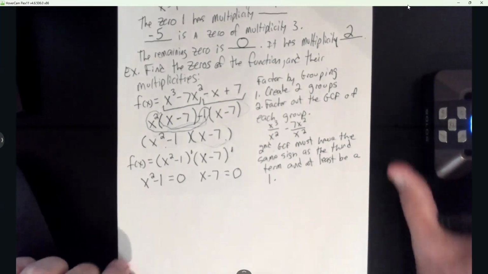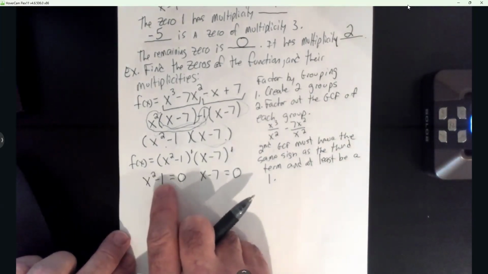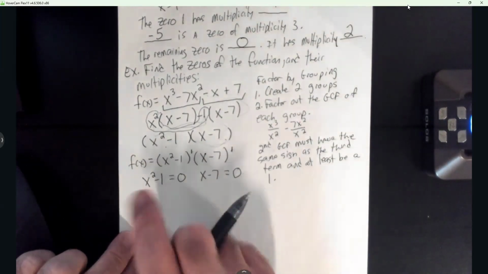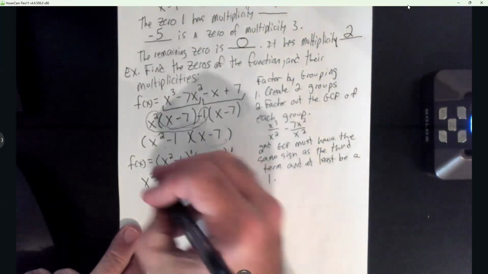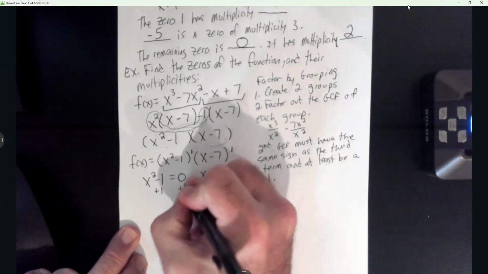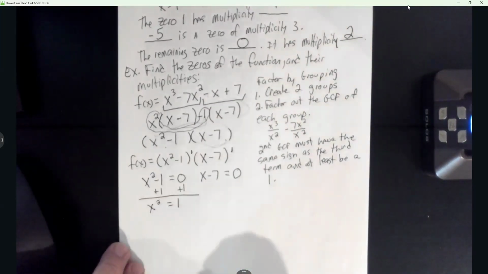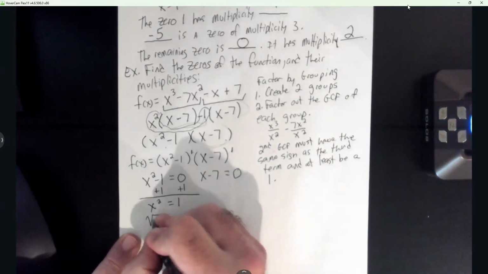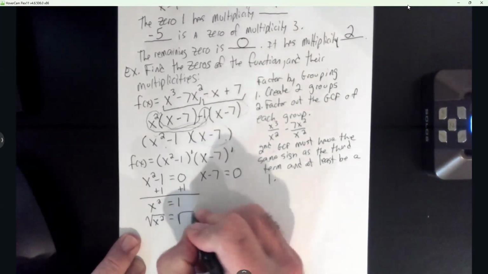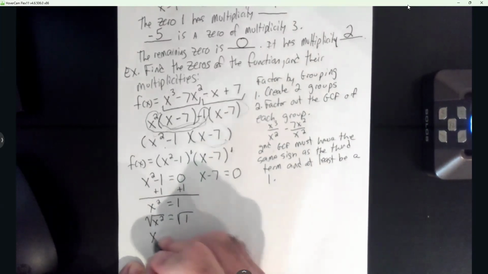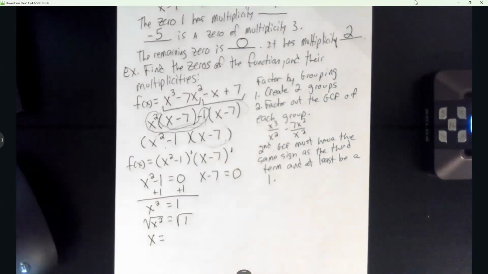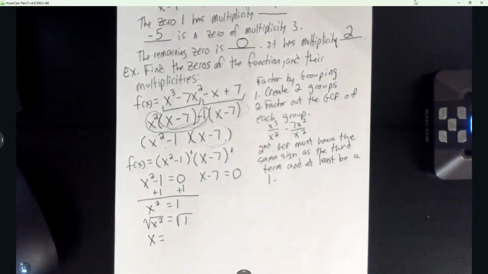And y'all, guess what? This is the x squared in the number, so I'm going to solve it by doing the square root like I did a while ago. So I'm going to add 1 to both sides. I'm going to get x squared equals 1. We're going to then square root both sides. So y'all, that's going to give me x equals, all right, y'all, give me the square root of 1.